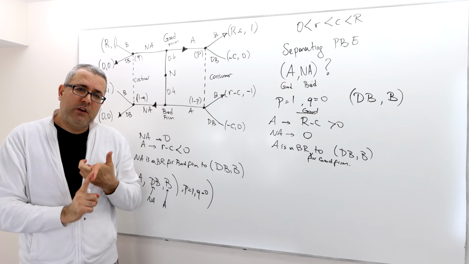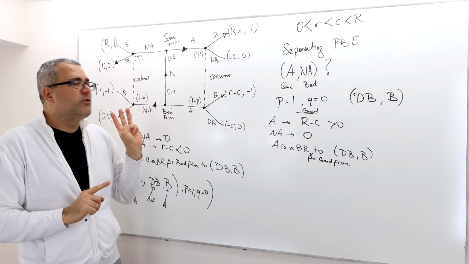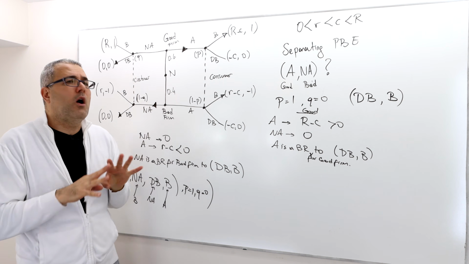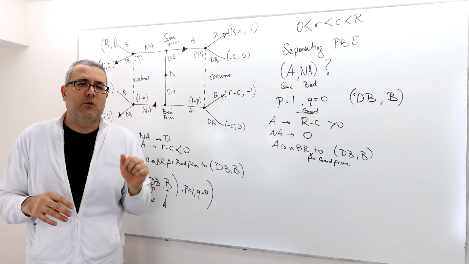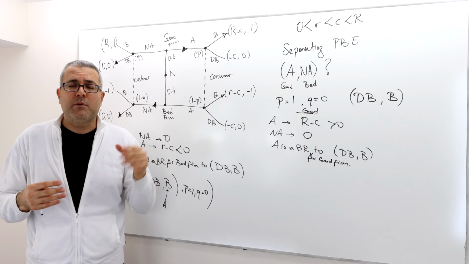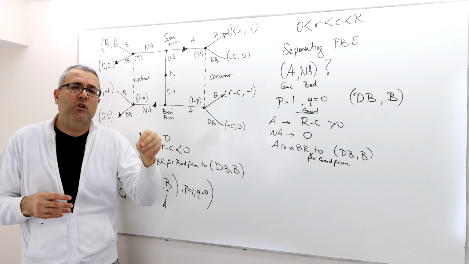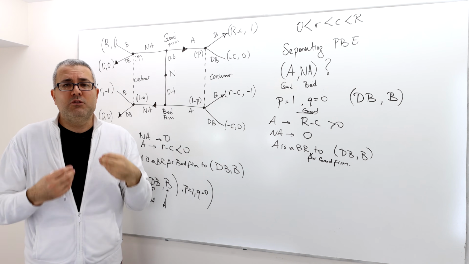So it satisfies requirement 1 by just throwing P and Q there. It satisfies requirement 2. What about requirements 3 and 4? Well, there is no requirement 4 here because there is no off-equilibrium information set. So ignore requirement 4. Only requirement 3. And requirement 3 is, remember, whenever the information set is on the equilibrium path, the beliefs must be updated according to Bayes' rule.